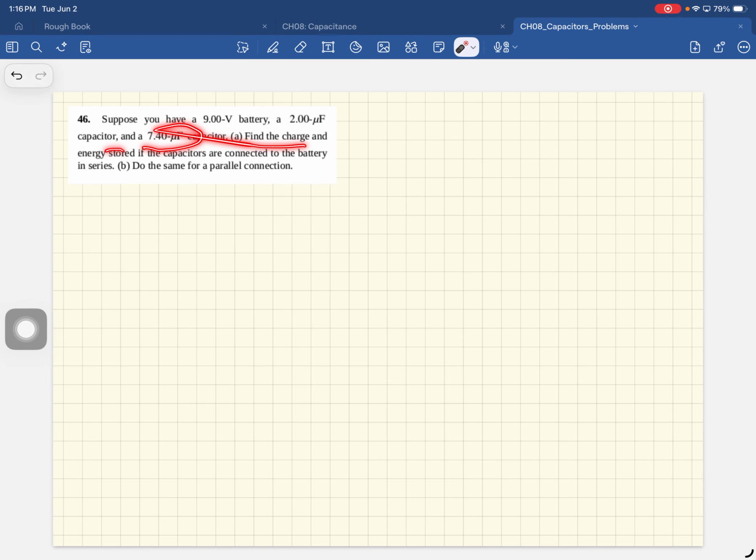The equivalent circuit is, you're just adding the capacitors, and the energy is 1/2 CV squared.